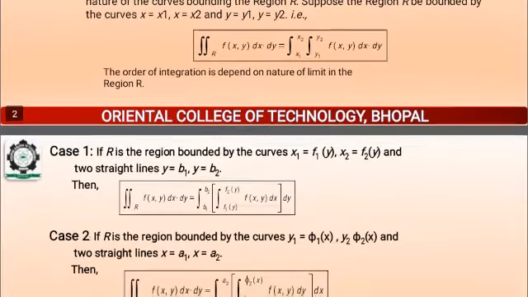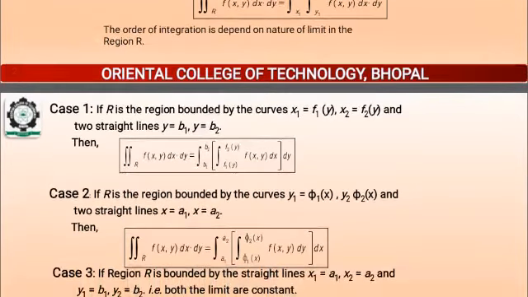Case first, if R is the region bounded by the curves x1 equal to f1(y), x2 equal to f2(y), and two straight lines y equal to b1 and y equal to b2, then the integral becomes integration b1 to b2, f1(y) to f2(y) f(x,y) dx dy.